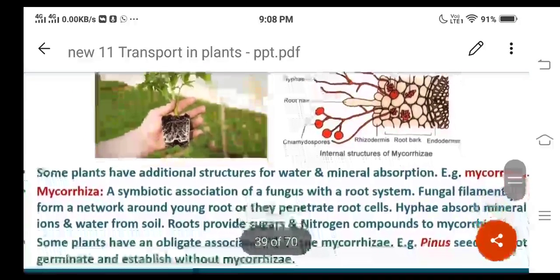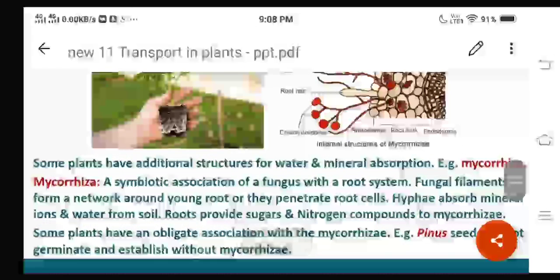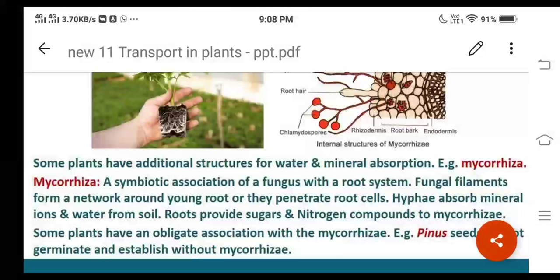Next point, mycorrhiza: what is the definition? A symbiotic association of a fungus with a root system. In PU2 again we are going to study this concept. Remember, not all fungal members show symbiotic association with plants, only a few genera.